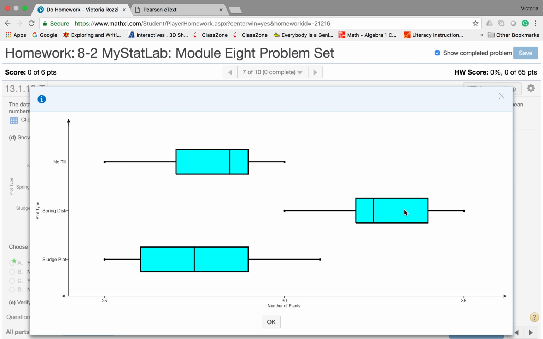Really, remember, the mean is going to be somewhere within this box because this line here is the median. It's not overlapping at all with these two, okay? So even though we don't know what the mean is, we know that these could be the same because they're overlapping, but this one's way over here. So definitely this supports our decision to reject H naught, that one of the means is definitely different.